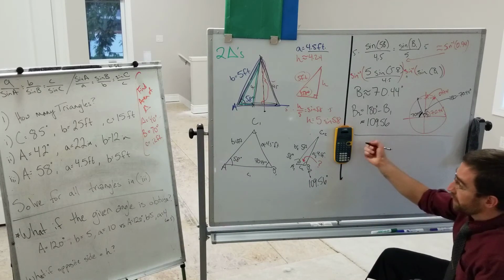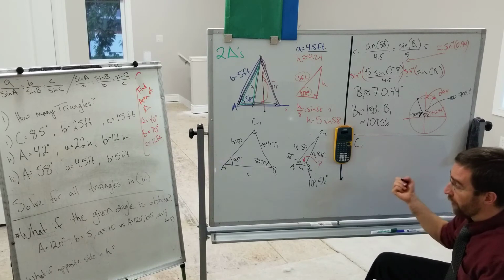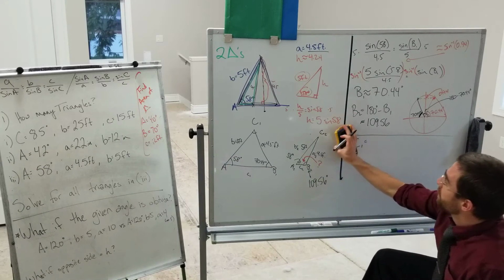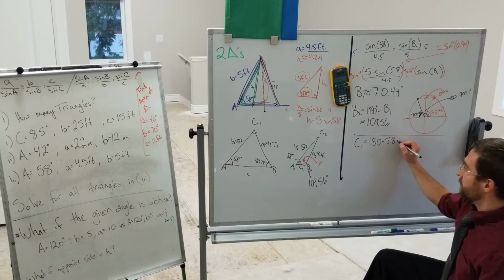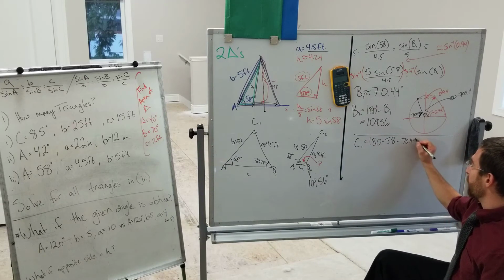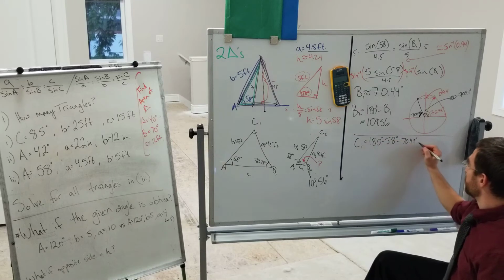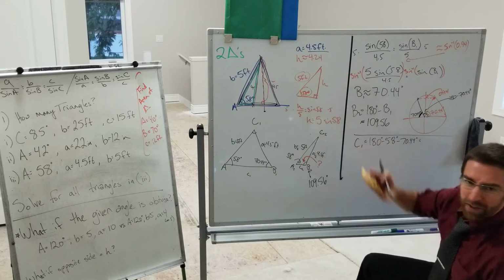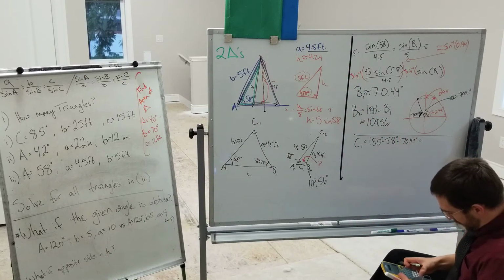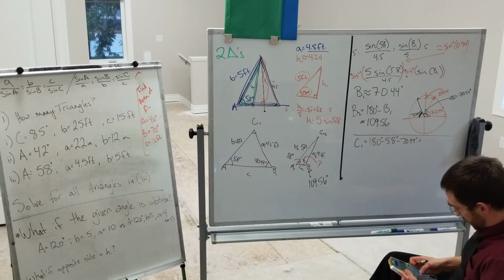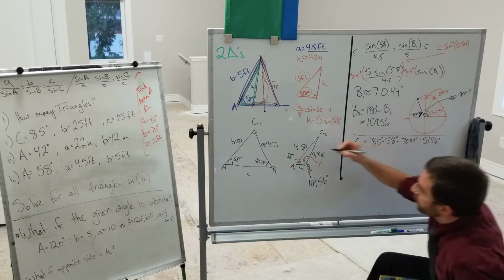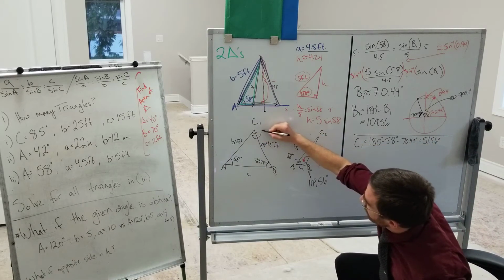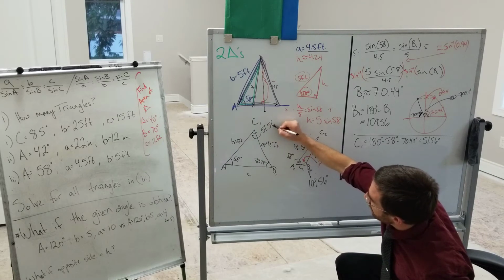So if I want angle C sub 1, that's just going to be 180 minus 58 minus 70.44. I'm just going to use my calculator because I'm lazy. 180 minus 58 minus 70.44. Boom, we get 51.56 degrees. So angle C right here is 51.56 degrees.